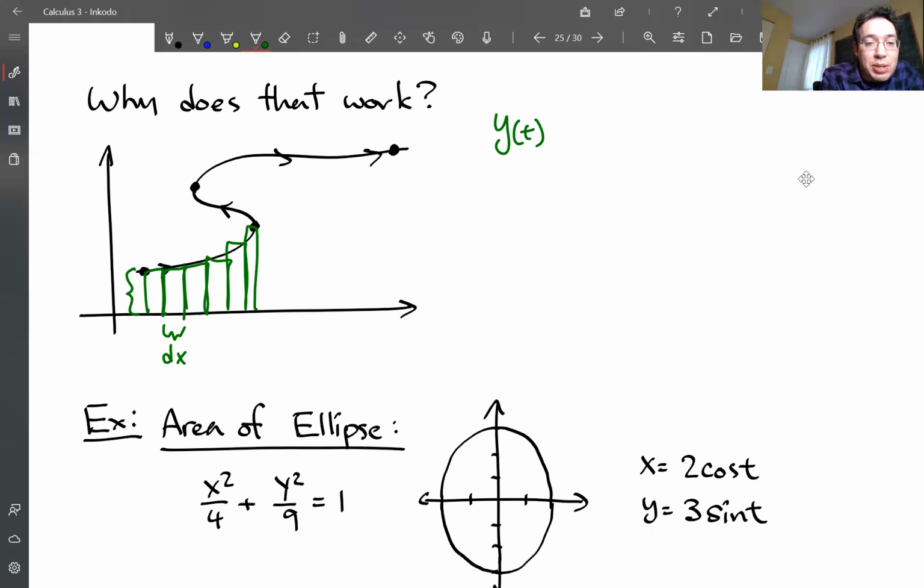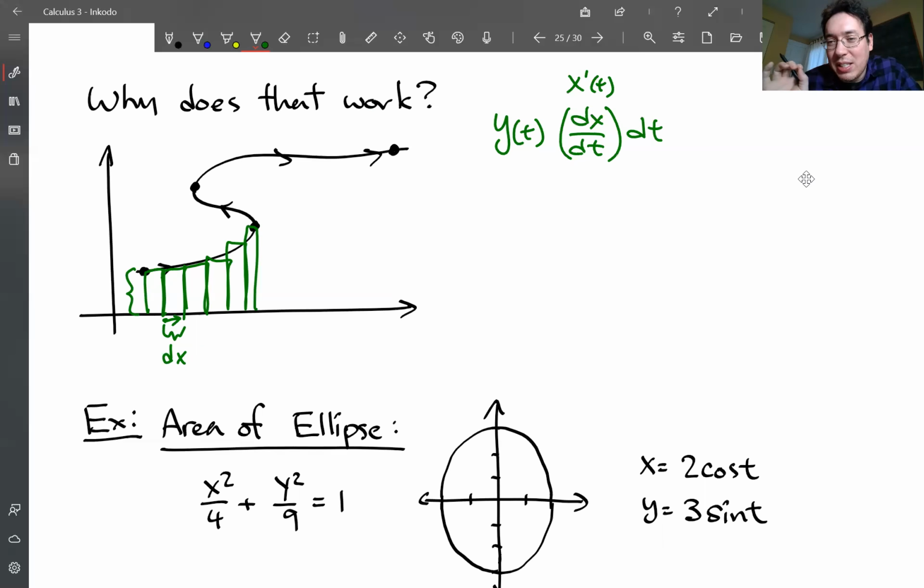Well, how much you traveled in the x direction is how fast you were going to the right times how much time you went to the right. So dx dt, or that's the same thing as x prime times dt, will give you that.